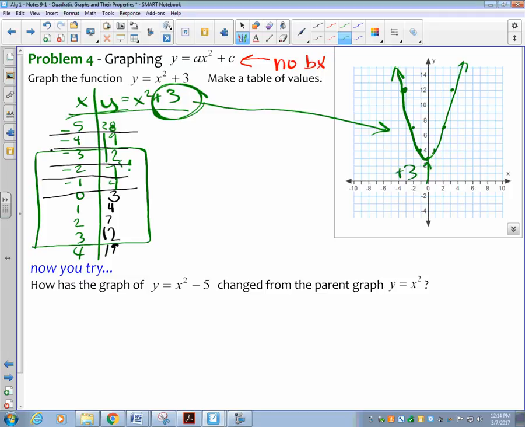So when you have a +3 stuck onto your parent function, it takes all of our coordinates and moves them up 3 points. So that means even our minimum is up 3 points from where it used to be. So what do we think a -5 is going to do to our graph? It'll take our minimum and move it down 5.